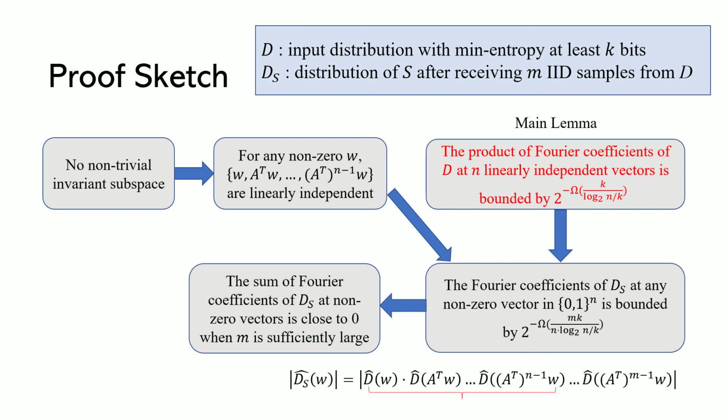So the sum of the Fourier coefficients at non-zero vectors is close to 0 when the number of samples is sufficiently large. So by our previous discussion, ds is close to uniform, and this finishes the proof.